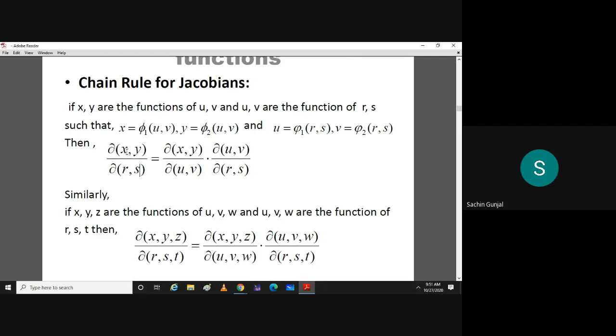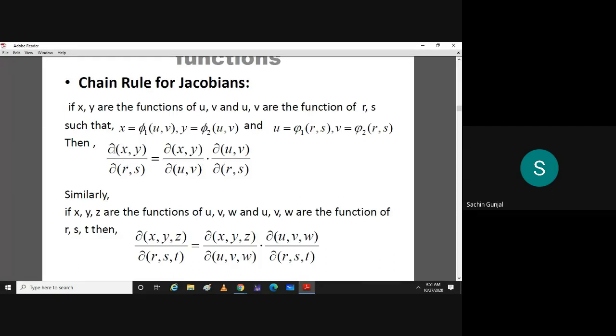So the derivatives of x with respect to r and s, and y with respect to r and s, are valid, because x and y are functions of uv, but uv are functions of r and s.